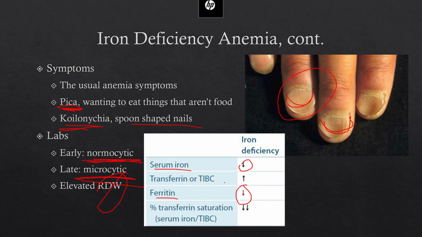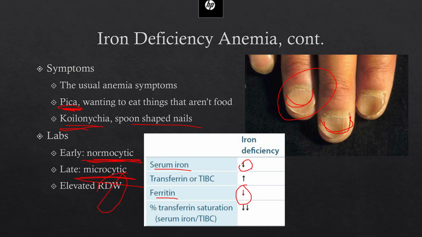Transferrin, or the TIBC, remember what we said transferrin is. Transferrin is a measure of how much transferrin is in the blood, which means the molecule that attaches and binds to iron to transport it. Well, if you don't have very much serum iron, you're going to have a lot of leftover transferrin in the blood because all the transferrin is free and not bound because there's nothing for it to bind to.